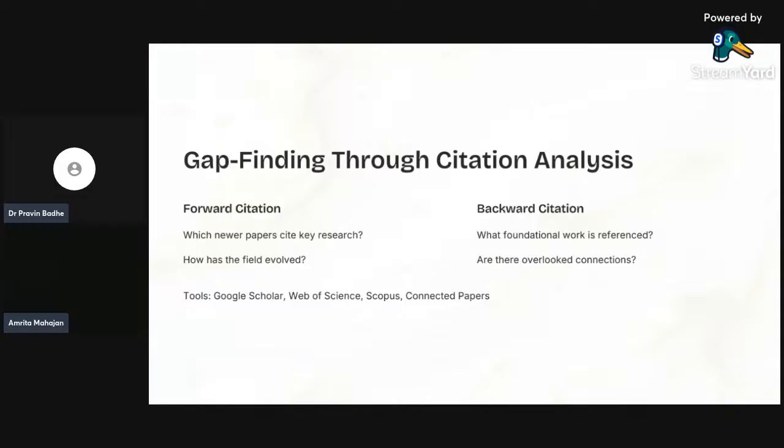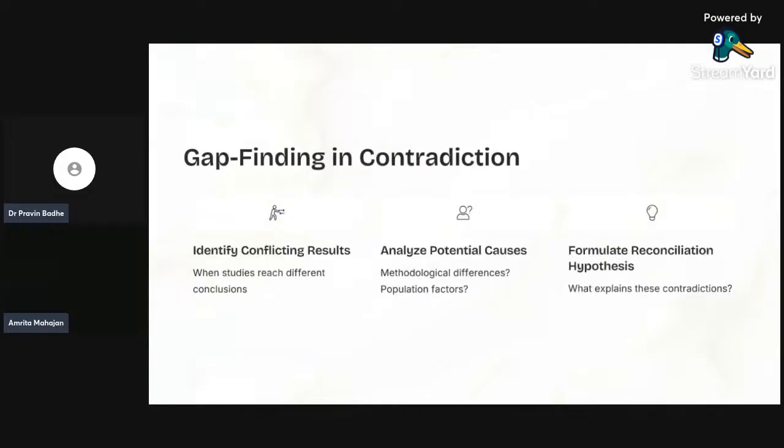First of all, it will help you find research gaps, and it will avoid repeating what has already been done. By comparing forward with backward citations, you can add your new contributions. Tools for this include Google Scholar, Web of Science, Scopus, or Connected Papers.